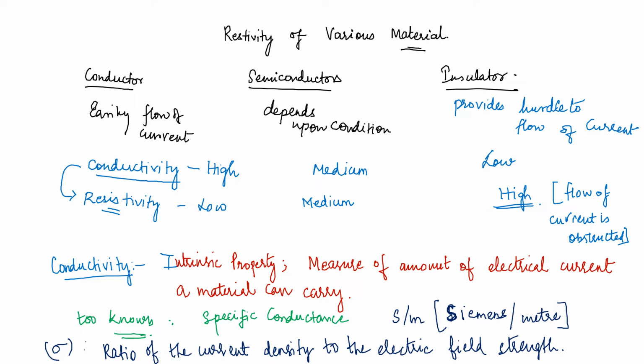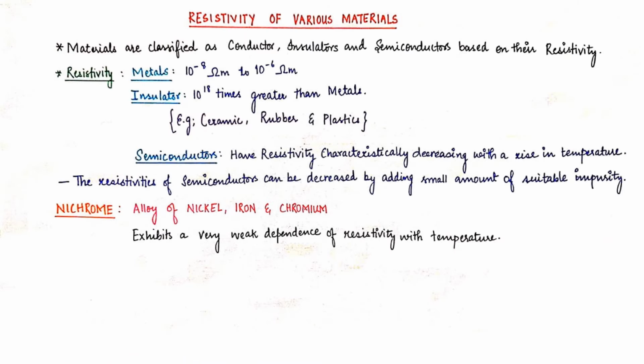Now let's understand how much conductivity conductors, semiconductors, and insulators provide. Resistivity of various materials: materials are classified as conductors, insulators, and semiconductors based on their resistivity, their property of providing resistance to the motion of electric charges.